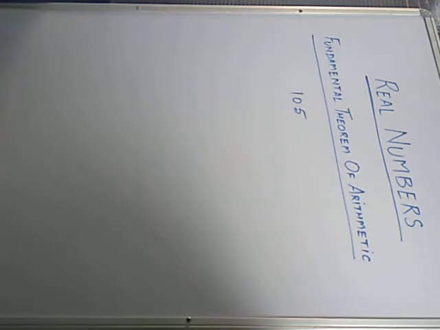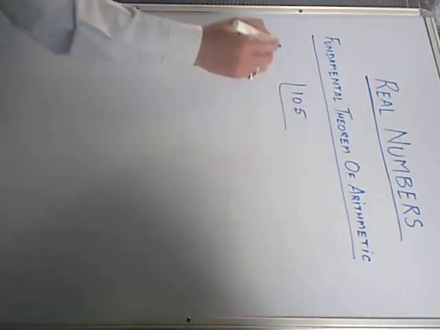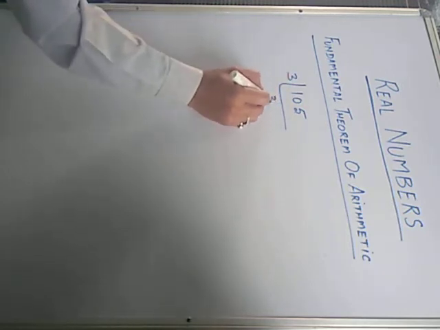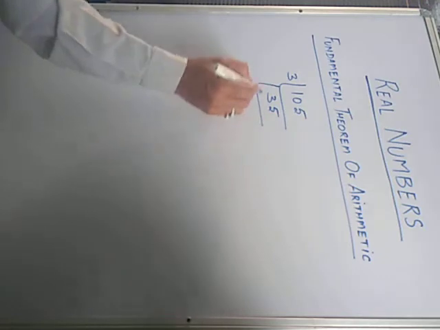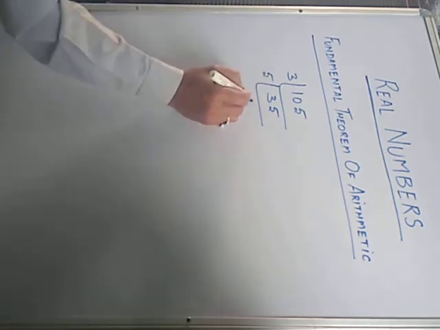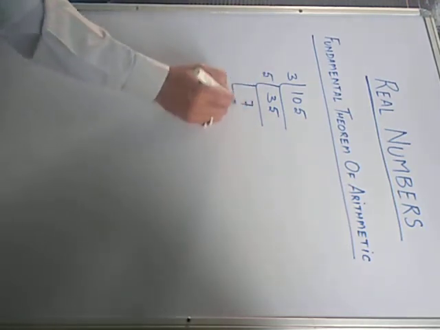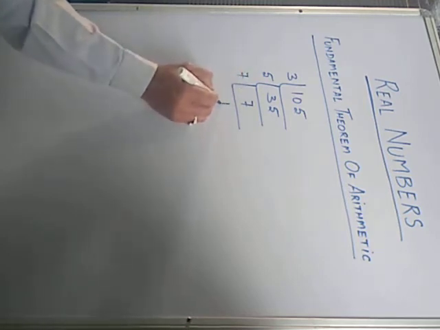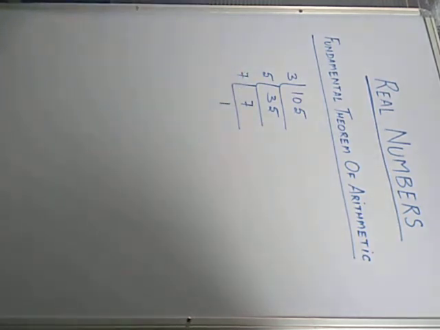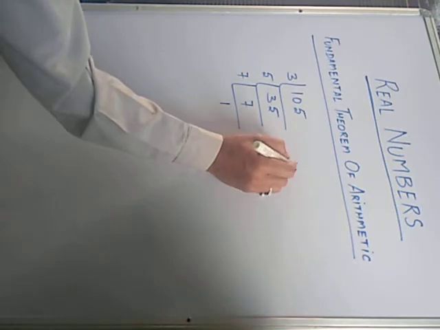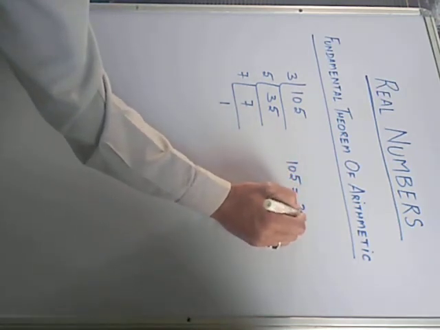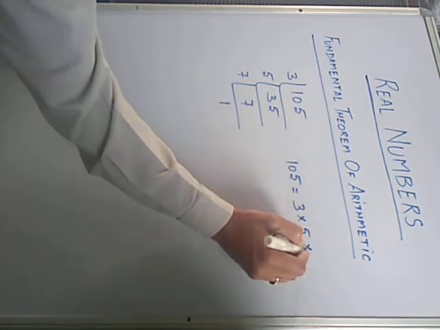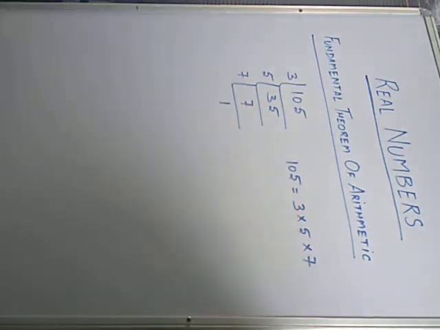Now if we have to find the factors of 105, 3 threes are 9, 3 fives are 15, then 5 sevens are 35, then 7 ones are 7. So the factors of 105 are 3 into 5 into 7.